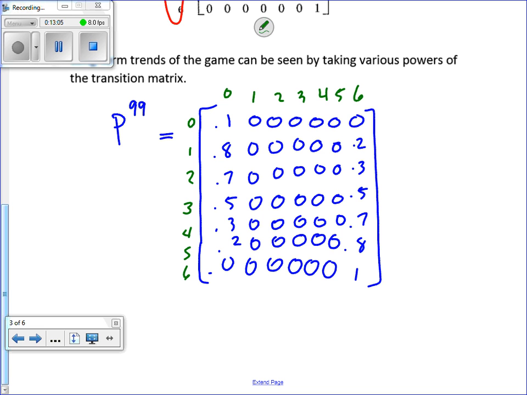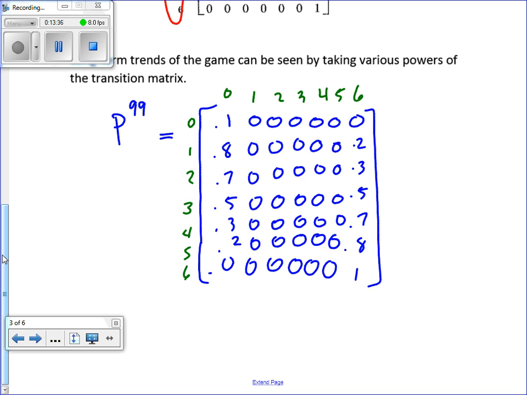So what we end up with is basically a bunch of numbers for column 0 and column 6, because at the end, if you just keep playing, there's ultimately going to be an ending, and the game is going to end with either having no money or having all of the money. That's kind of how the game works. So it says the probability of starting with 0 and ending with 0 would be 0.1.